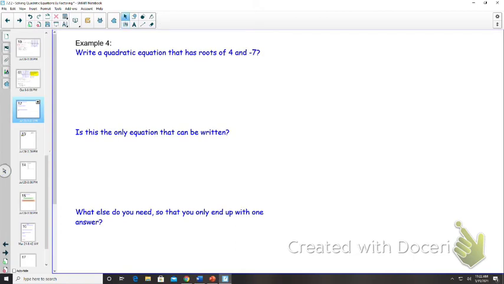So if we were to write a quadratic equation that has roots of 4 and negative 7, this is x equals 4, x equals negative 7. What are my corresponding values going to be for those?